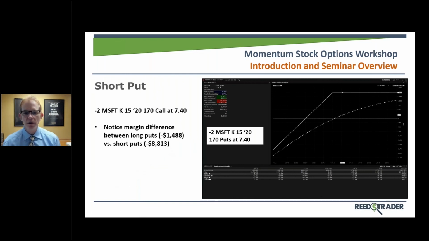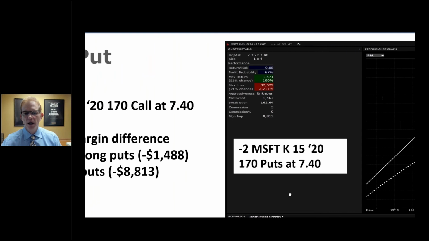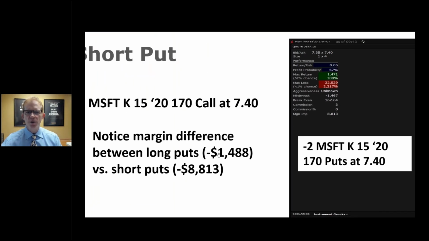So here, we're selling two Microsoft May 15th of 2020 expiration, 170 puts at 740. Now, again, I want you to notice the margin difference. So to buy the puts, we had to put up $1,488.